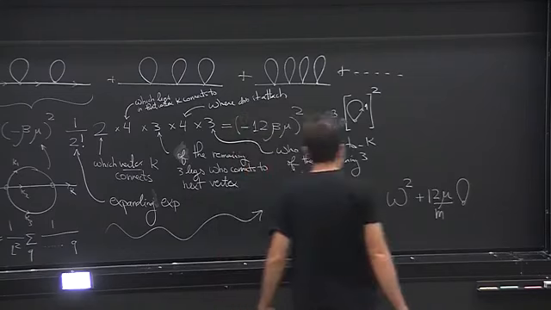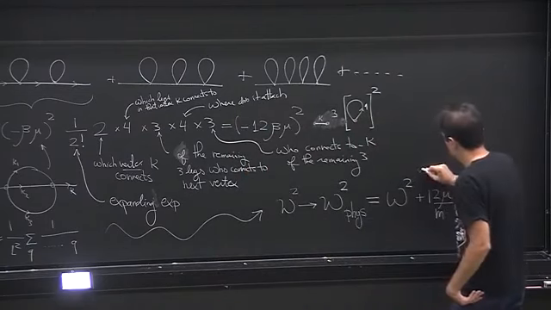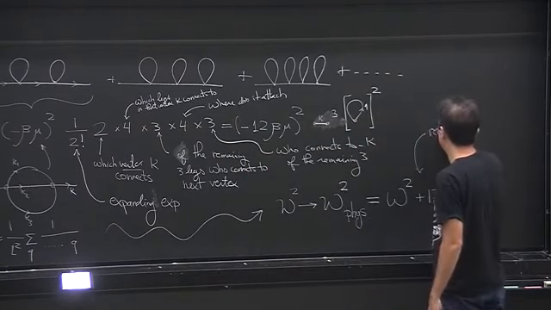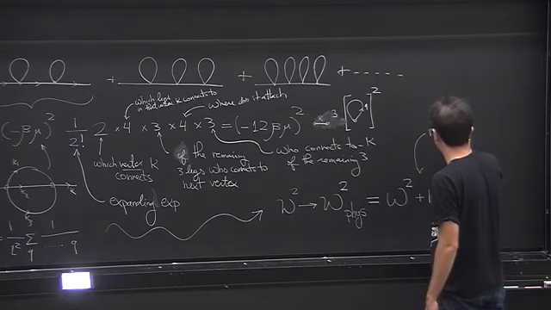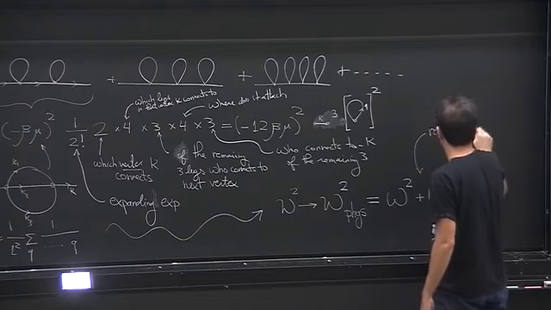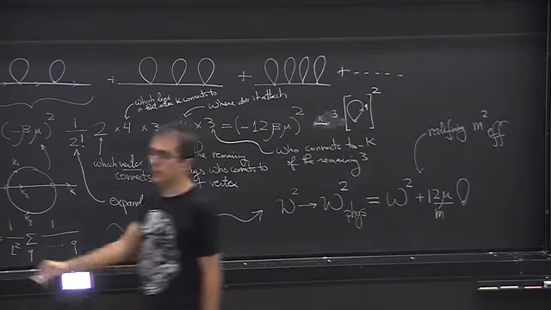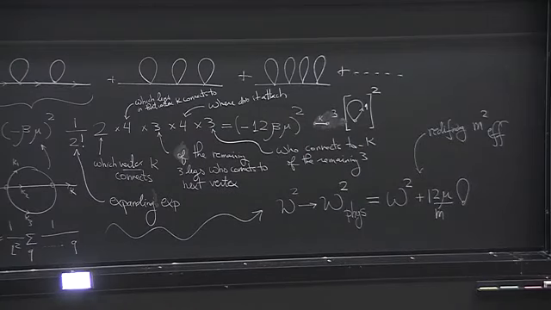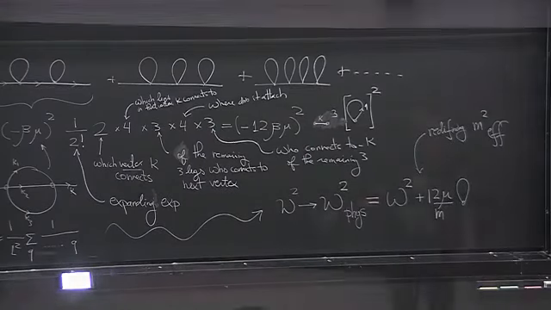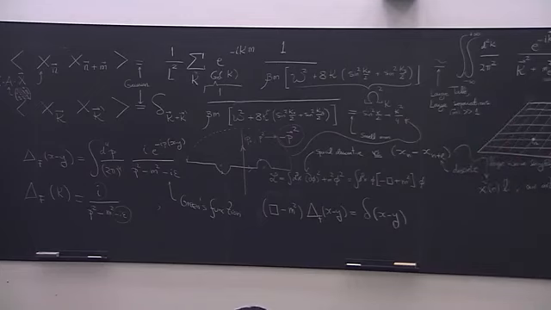In other words, this is just redefining this effective mass, which was basically omega square up to some kappas. So if you divide by some kappas, this is just redefining this effective mass.